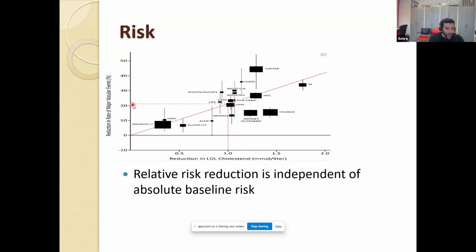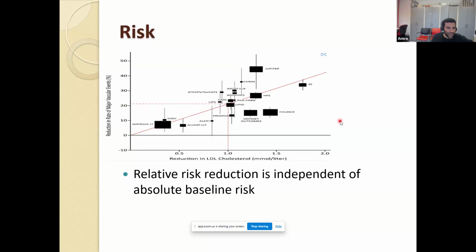However, not everybody's absolute risk is the same because my risk is low, I would hope. So my LDL cholesterol when I checked it wasn't particularly high. So even though I will reduce my relative risk by 25%, my absolute risk reduction is going to be very, very low.